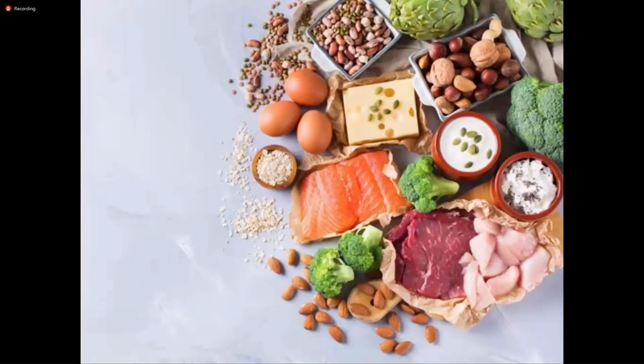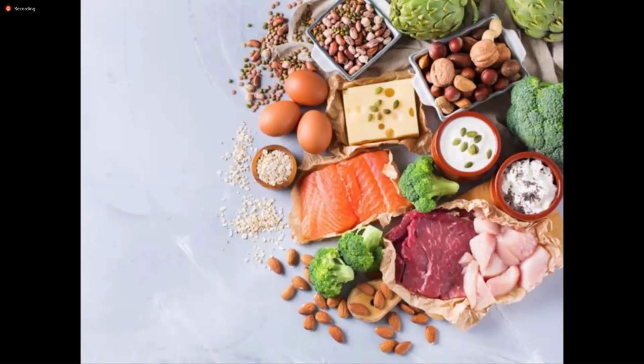Okay, so these are the foods from where you can get vitamin B12. If you want to have a sufficient amount of vitamin B12 in the blood, you need to take all these foods. So we should have a variety of food in our daily diet. Yesterday you saw there are lots of things that contain folic acid, and today I'm showing you a lot of food that contains vitamin B12.